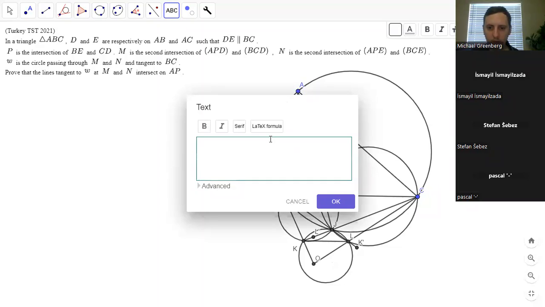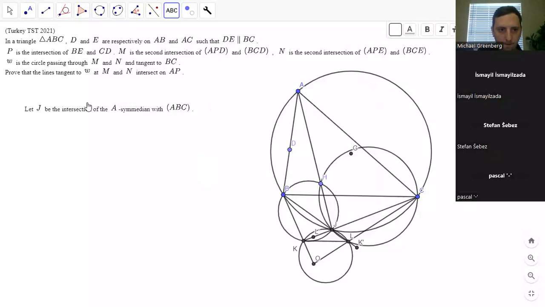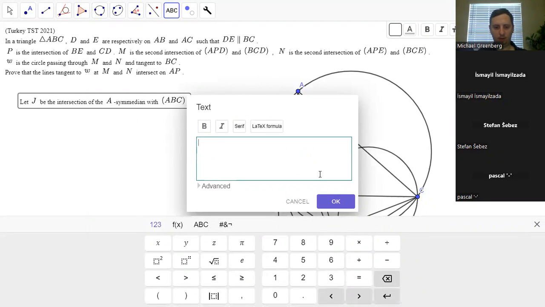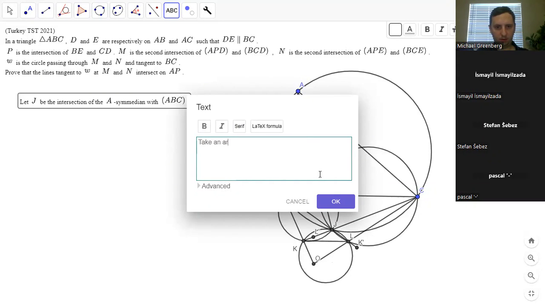So let J be the intersection of the A symmedian with ABC. And let KL be an arbitrary line. So take an arbitrary line parallel to BC. Let it meet BJ and CJ at K and L.